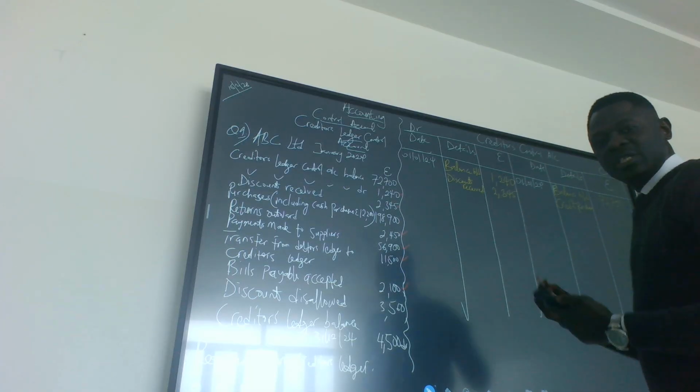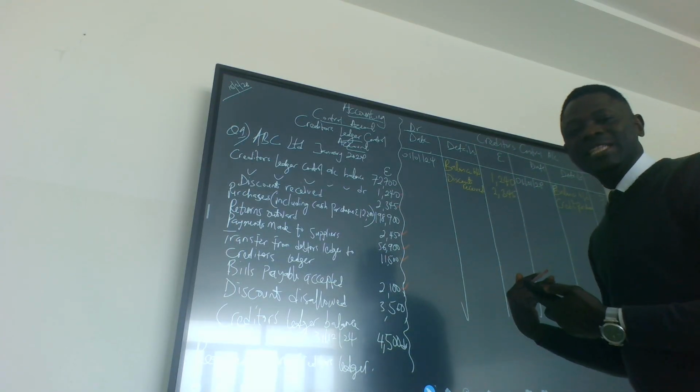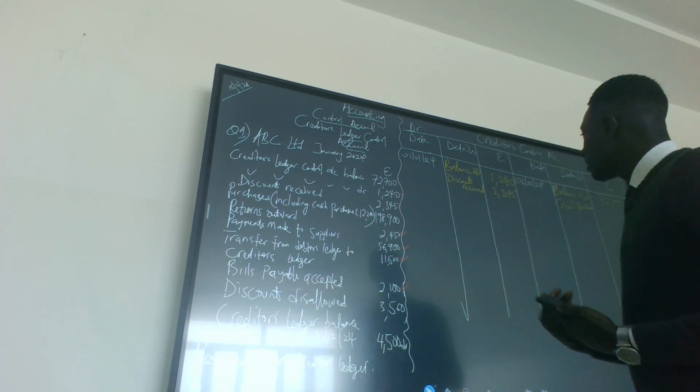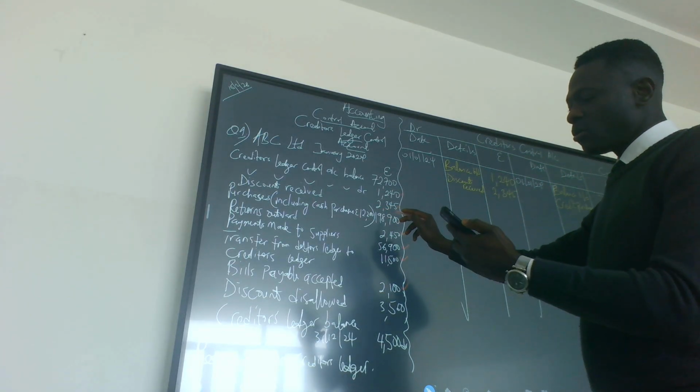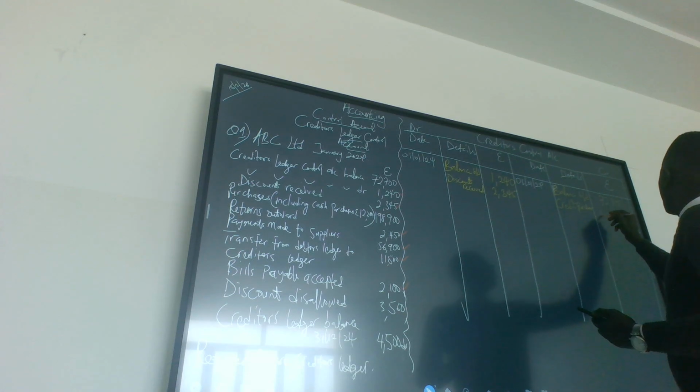It's going to be on the credit side because you credit the giver, you debit the receiver. So credit purchases are now 186,700.